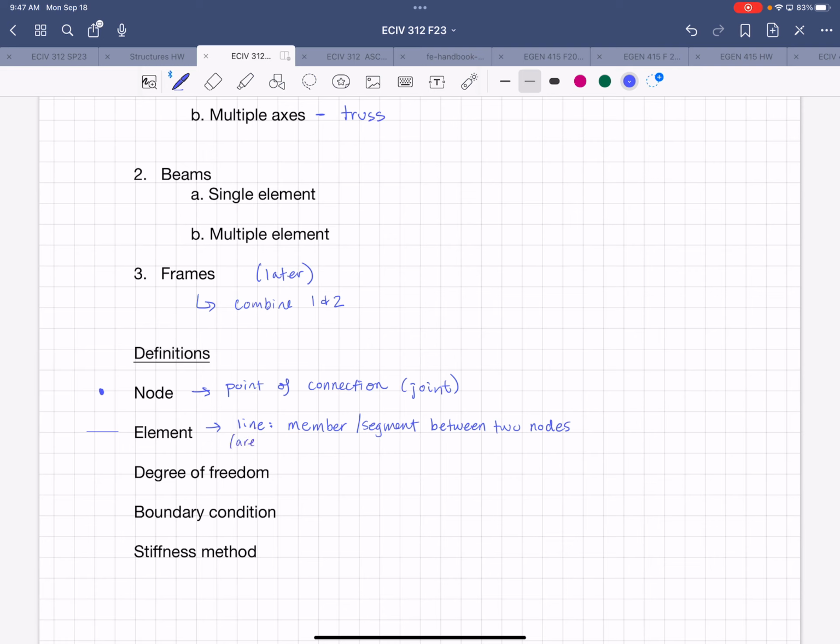And then if you have an area, which is beyond the scope of this class for finite element analysis, that would be an area member between more than two nodes. So then the combination of nodes and elements gives you the structural system.